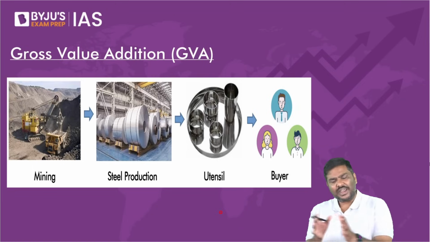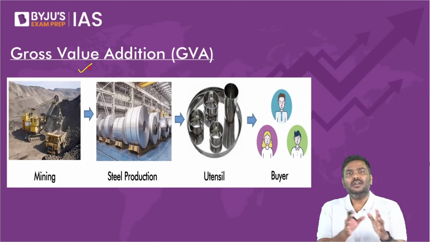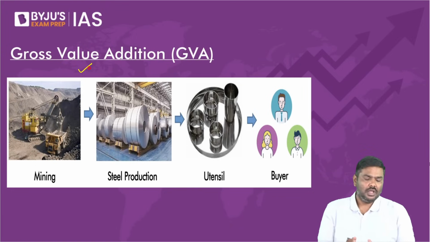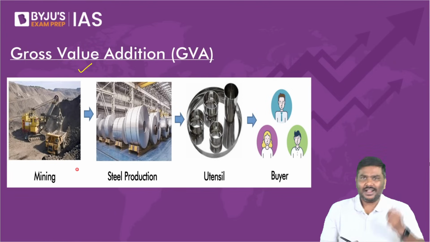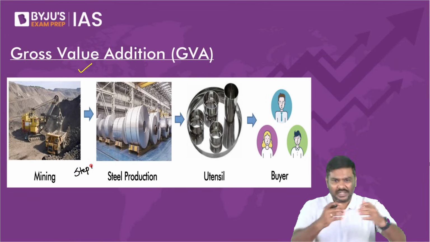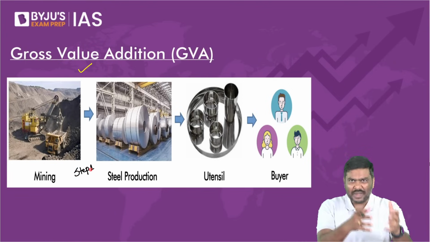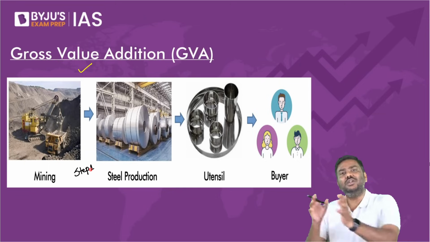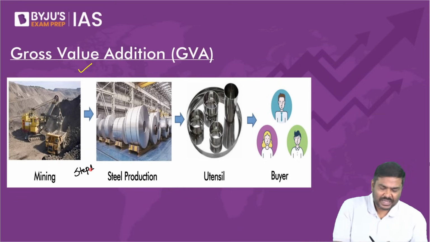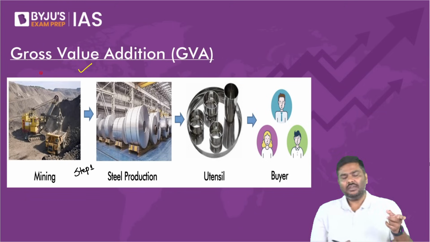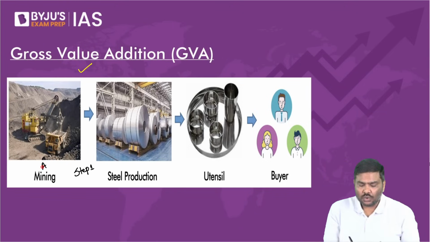Step one is that a company will mine, which means dig, out iron ore and sell it to a steel production company. Let's say this is company A. Company A will sell iron ore to company B.